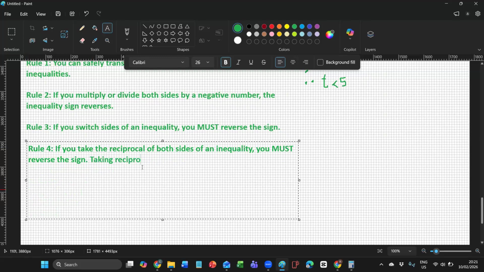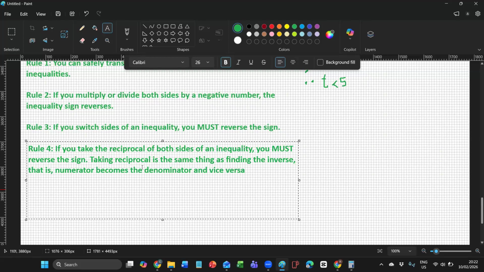I'll just note it there that taking the reciprocal is the same thing as finding the inverse, that is, the numerator becomes the denominator and vice versa.